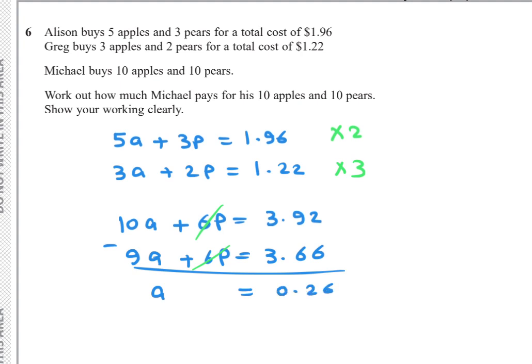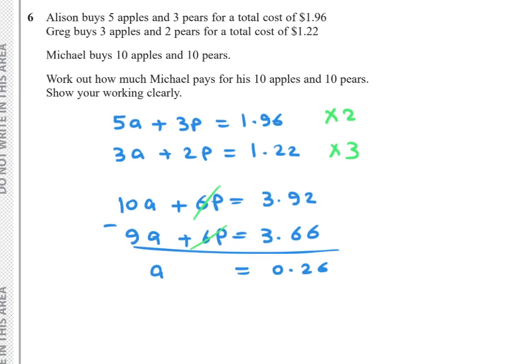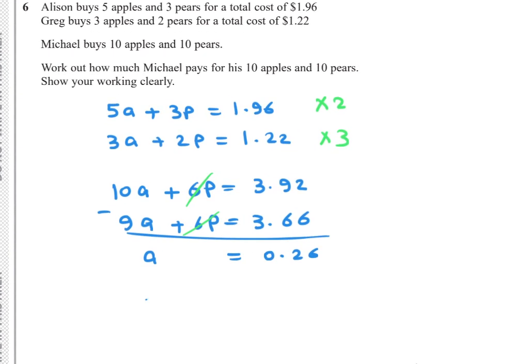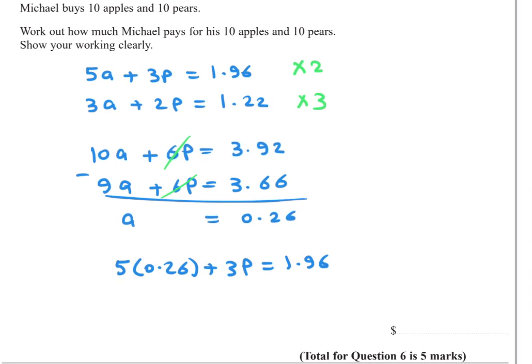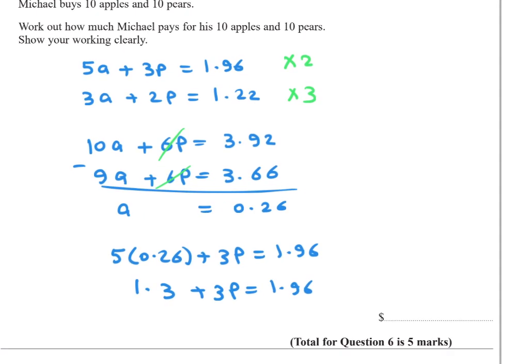Now you can substitute in the first equation. So 5 times 0.26 plus 3B equals 1.96. So 1.3 plus 3B equals 1.96. Now 3B equals 0.66, divide by 3.